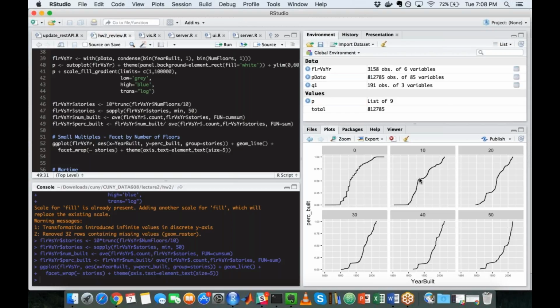You pretty early cross that 50% threshold when you're looking at buildings of 10 to 20 stories, around 1925. But as you get to taller buildings, you cross that later. Here you're getting into the 1970s for these 30, 40, and 50 story buildings.